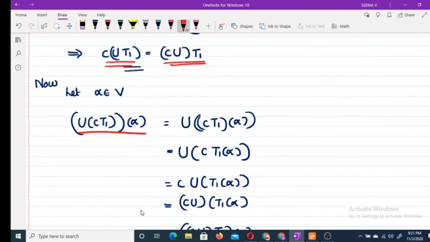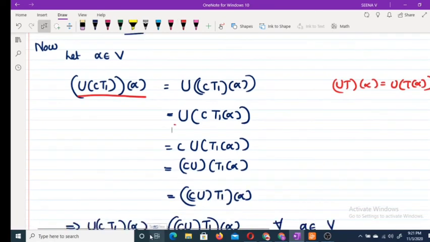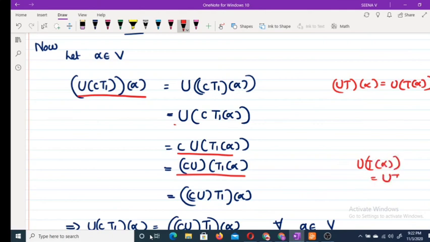Similarly, u of (c t1) of alpha is u of c t1 of alpha, and as u is also linear, this you can write as c u of t1 of alpha, and that is the same as c times (ut1) of alpha. Therefore, u(c t1) of alpha is the same as c(ut1) of alpha.